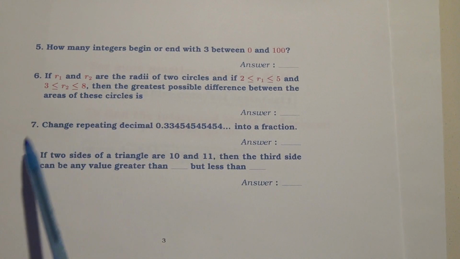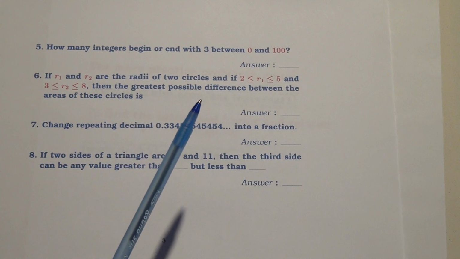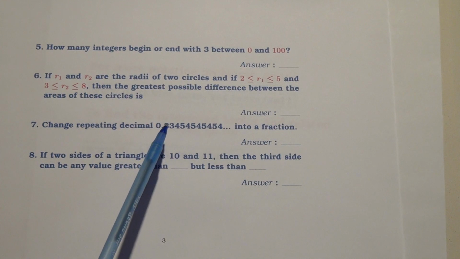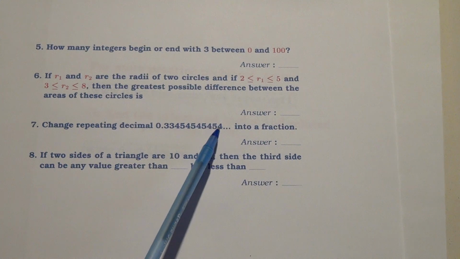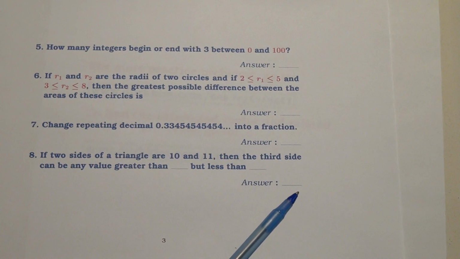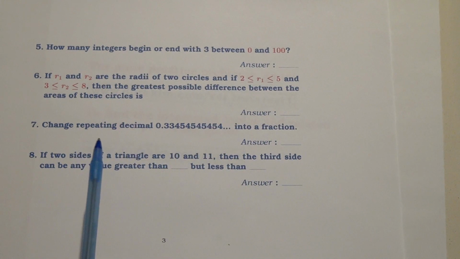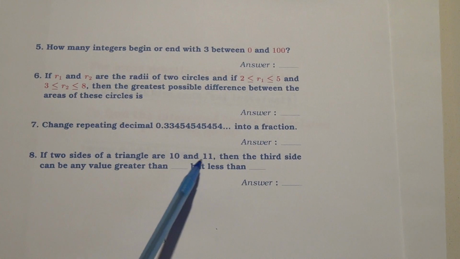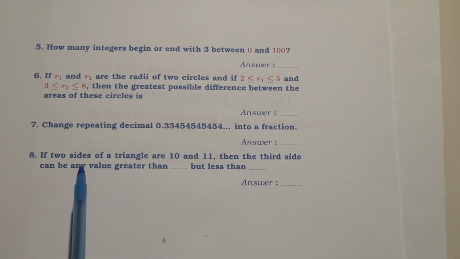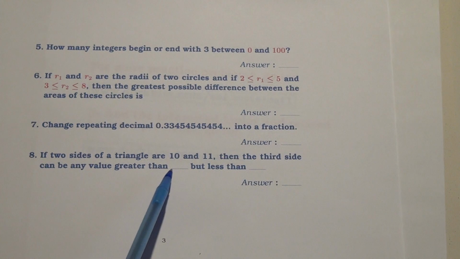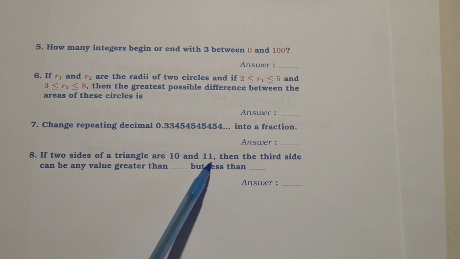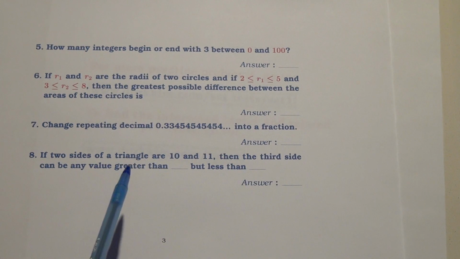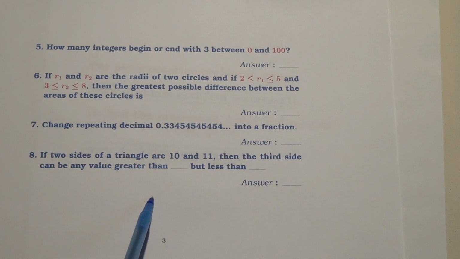You understand, right? Number 7: Change the repeating decimal 0.33454545 into a fraction. Now number 8: If 2 sides of a triangle are 10 and 11, then the third side can be any value greater than something but less than something. Okay? So 4 questions. Stop the video now and try.